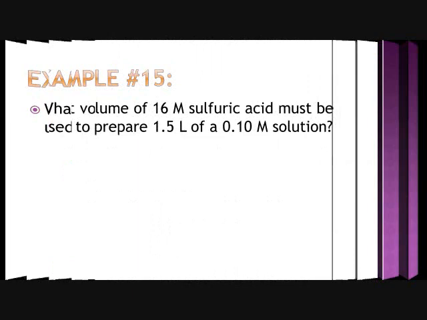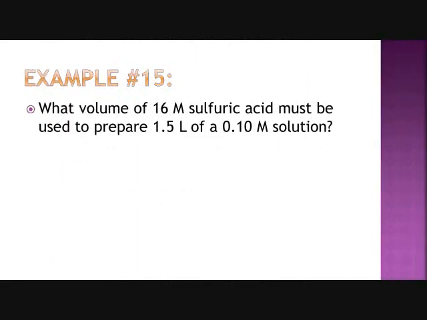So example 15, what volume of 16 molar sulfuric acid must be used to prepare 1.5 liters of a 0.10 molar solution. The hardest part here is plugging in the correct spots and relating. Remember some key words. If it says of, that means the two numbers separated by of are related. So that tells me right away that the 1.5 of 0.10 molar are both related.